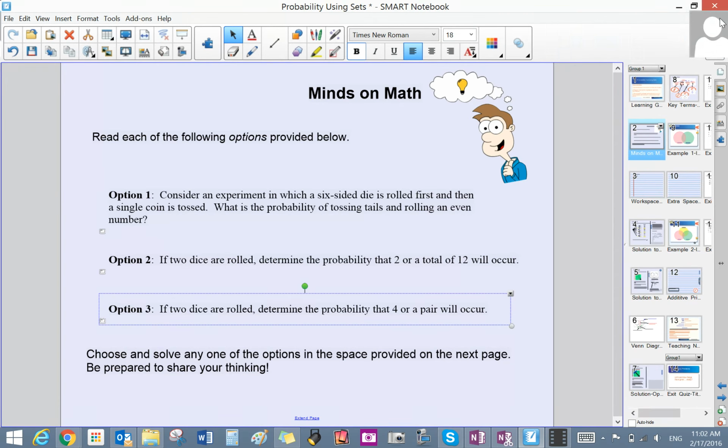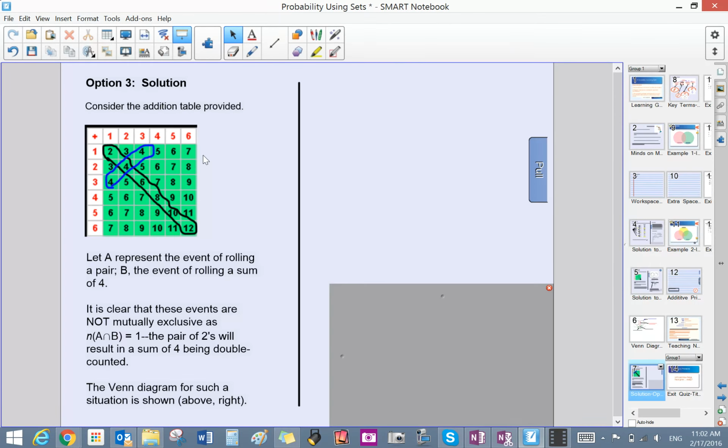Just disregard that notice there, guys. Okay, mutually versus non. So having thought about that, let's check it out. So if you take a look at the table, okay, right away you can see that the sum of 4 and, okay, rolling doubles, there is one element in common, and you can see that right here.